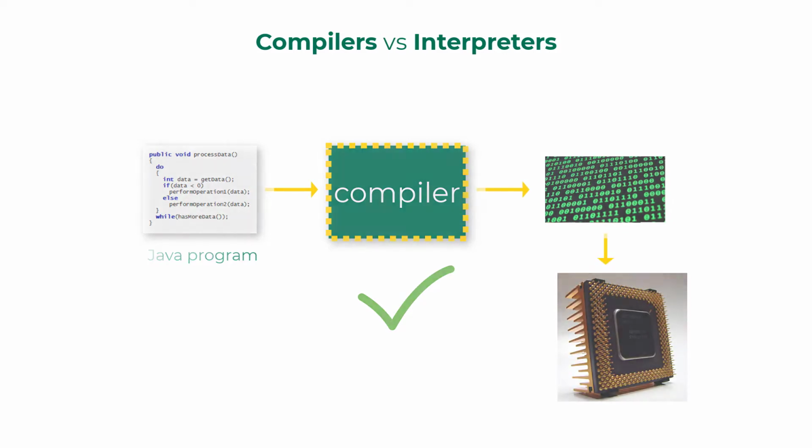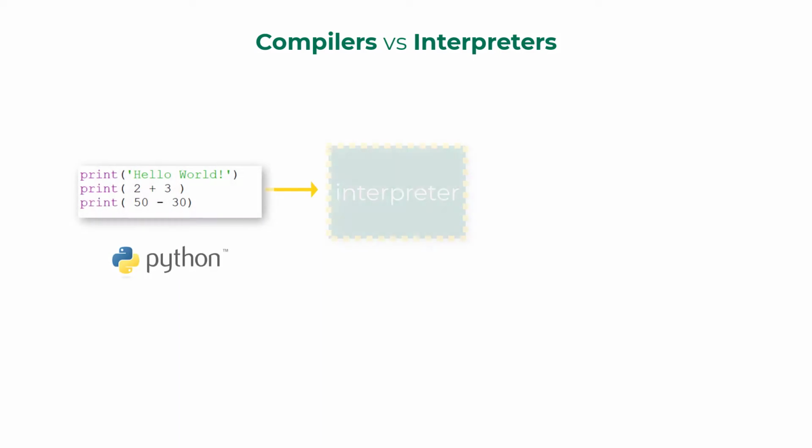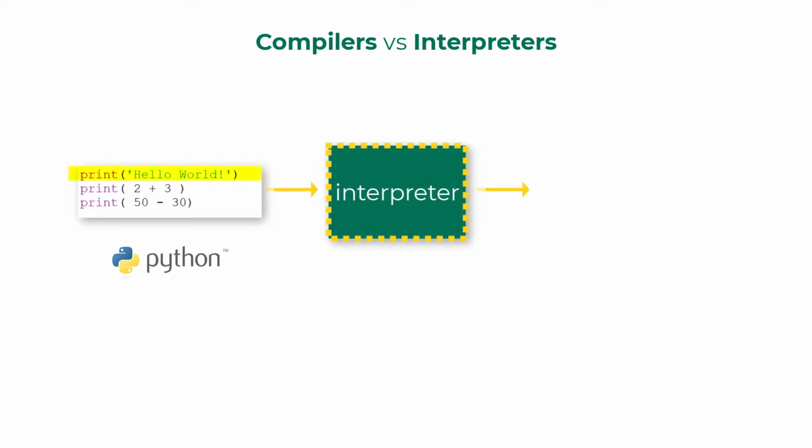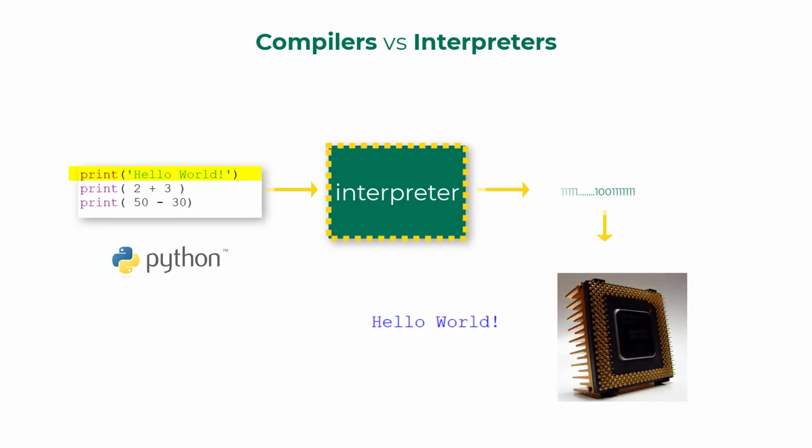On the other hand, Python uses an interpreter, which not only translates the code but also executes it immediately, statement by statement. This lets us evaluate our code step by step and get a sneak peek of the target output. As the interpreter directly executes the translated code, no machine code is saved separately, unlike with compilers.